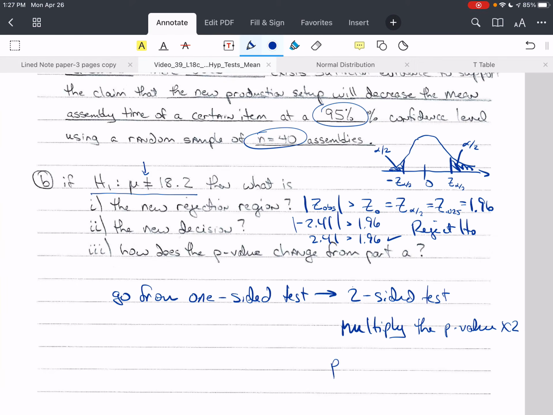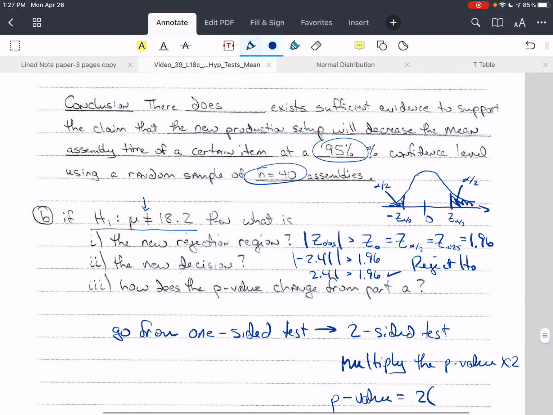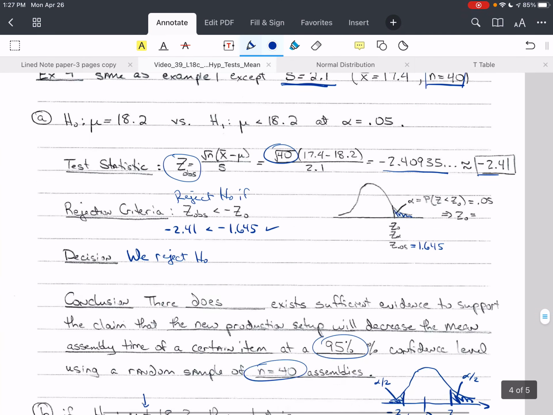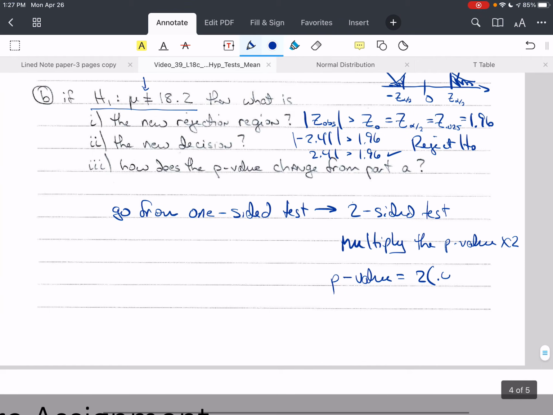So the new p-value is going to equal 2 times, and what did we say it was up here? 0.0287. So that's going to be 0.0574.